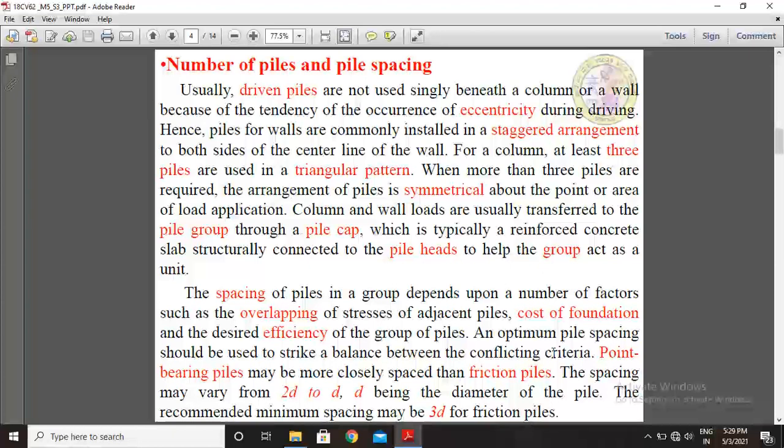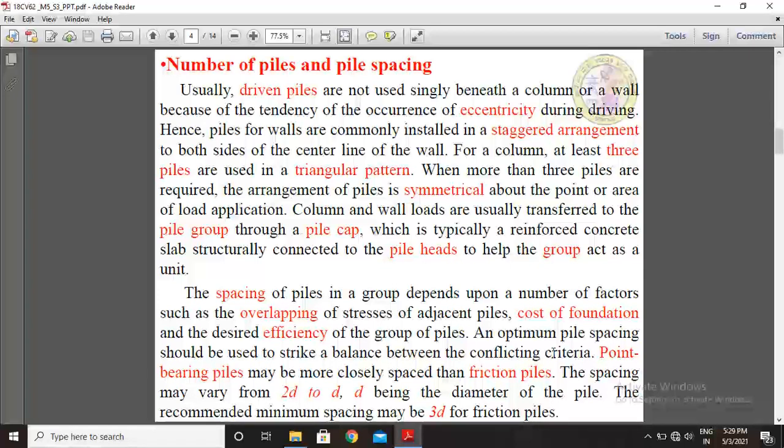Now I want to explain number of piles and pile spacings: how the number of piles and pile spacing are decided practically. Usually driven piles are not used single below a column or a wall because of the tendency of the occurrence of eccentricity during driving. Hence, piles for walls are commonly installed in a staggered arrangement to both sides of the center line of the wall.